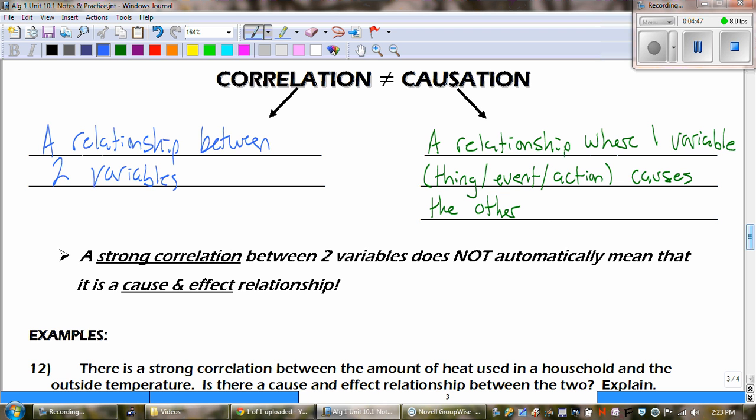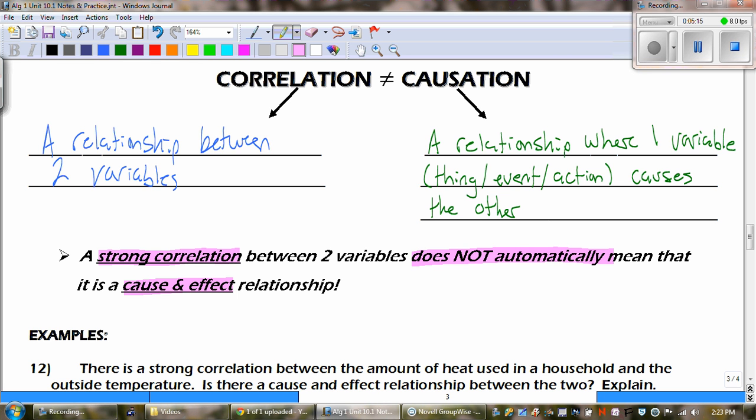And causation is a relationship where one variable, whether it's a thing, event, or an action, causes the other to happen. Okay? The key thing to remember is that a strong correlation between two variables does not automatically mean that there is a cause and effect relationship.